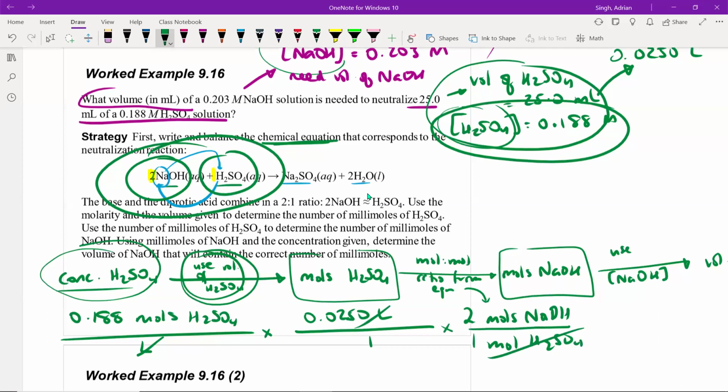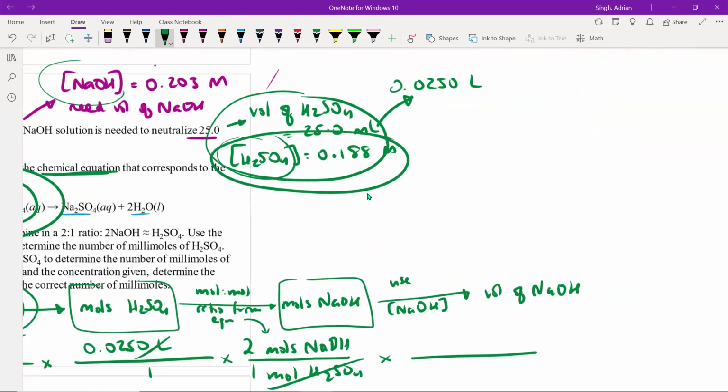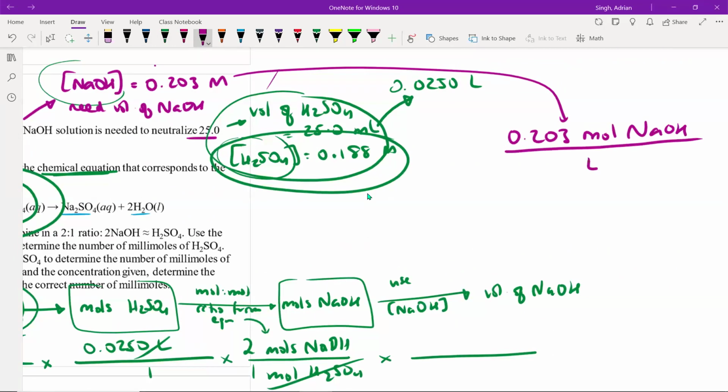Moles of H2SO4 cancel all the way back here. And once I get to moles of sodium hydroxide, I can then use the concentration to get the volume. What's the concentration of NaOH? It's 0.203 molar. So that means 0.203 moles of NaOH per liter.